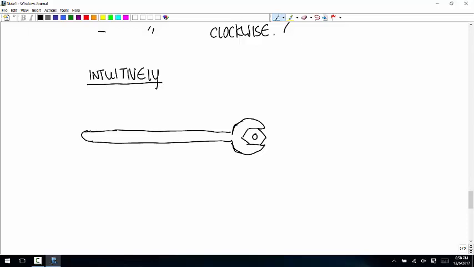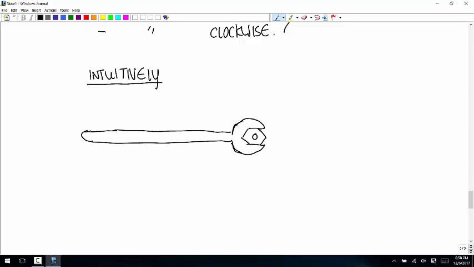For things that are really hard to turn, you need a really long wrench, and you would never put your hand here and try to turn it. If you can apply 100 newtons of force and you apply it here, it's not going to turn very easily.